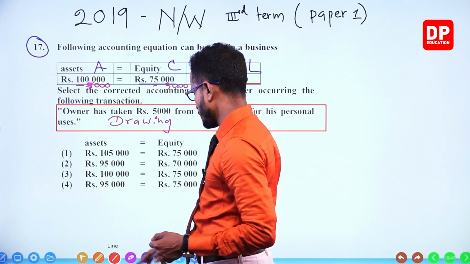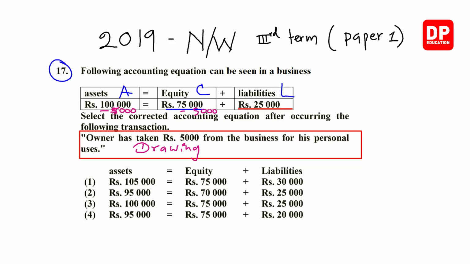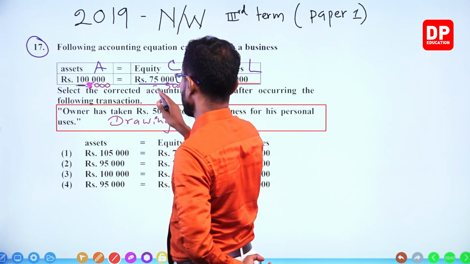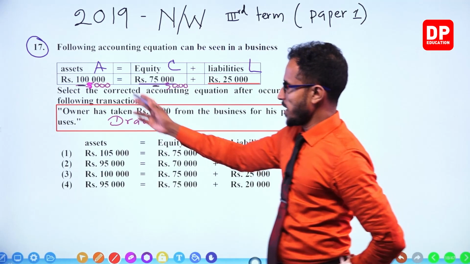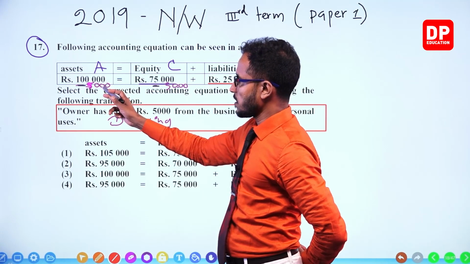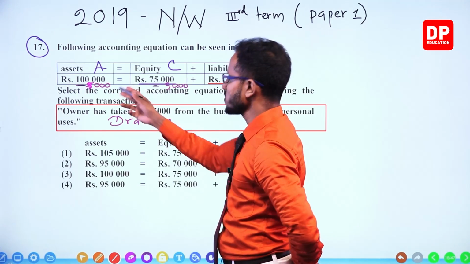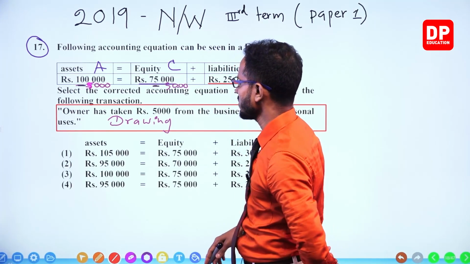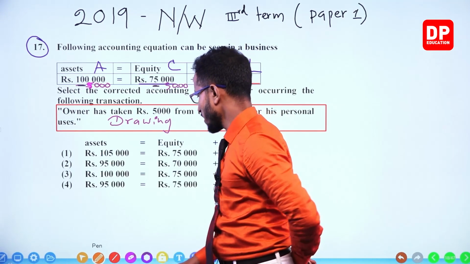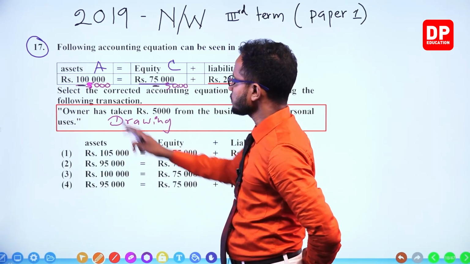Okie dokie. This here also decreases, so it should be minus. Here also it should be minus. When 5,000 is subtracted from 100,000, it becomes 95,000.